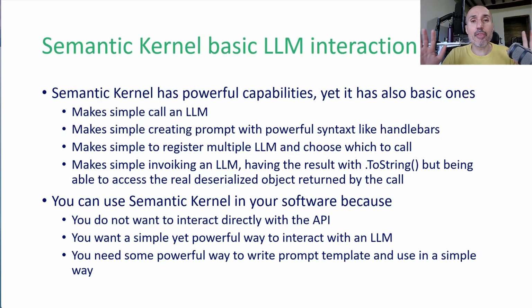So even if this is a very basic interaction, I strongly suggest that if you need to start using Semantic Kernel, you understand that it has not only powerful plugin capability that we will see in future videos, but it has strong basic capability that will make your work of interacting with a large language model much easier.